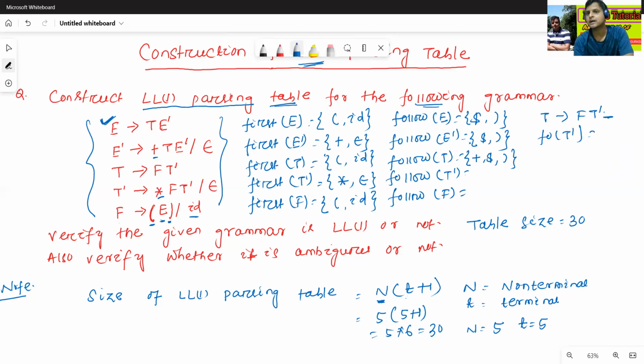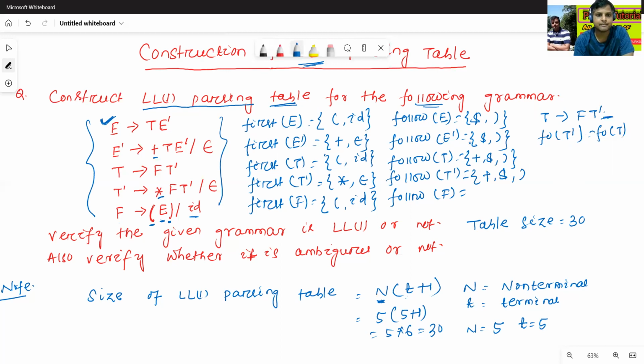There is nothing on the right side of T prime, so follow of T prime means follow of T. Follow of T equals plus, $ and close bracket.